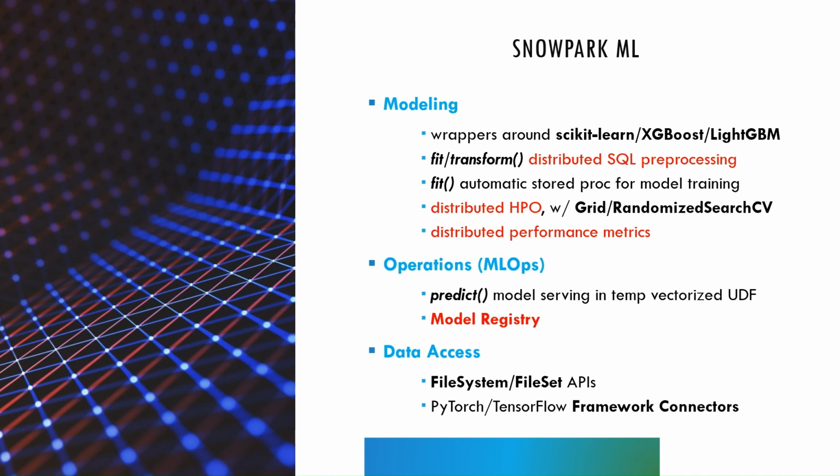Also, at the main model training level, for validation and for model evaluation, you have both distributed hyperparameter optimization, and they are using specific grid and randomized search CV classes. And they also provide distributed performance metrics. So distribution everywhere, taking advantage of the distributed nature of their SQL engine, including automatic stored procs for model training.